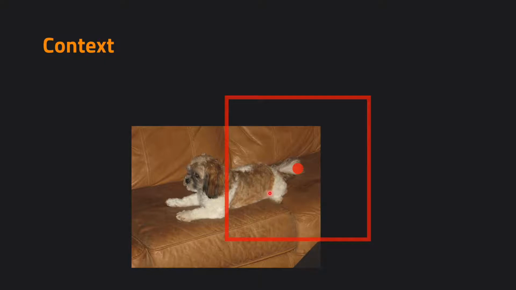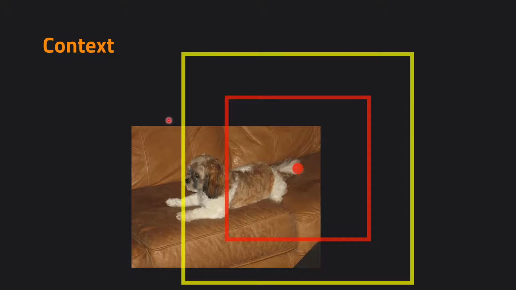But even if we want to classify this pixel as a dog tail correctly, because it's very similar to a cat tail, we need to look at the whole object, or a bigger context, in order to classify that pixel correctly.